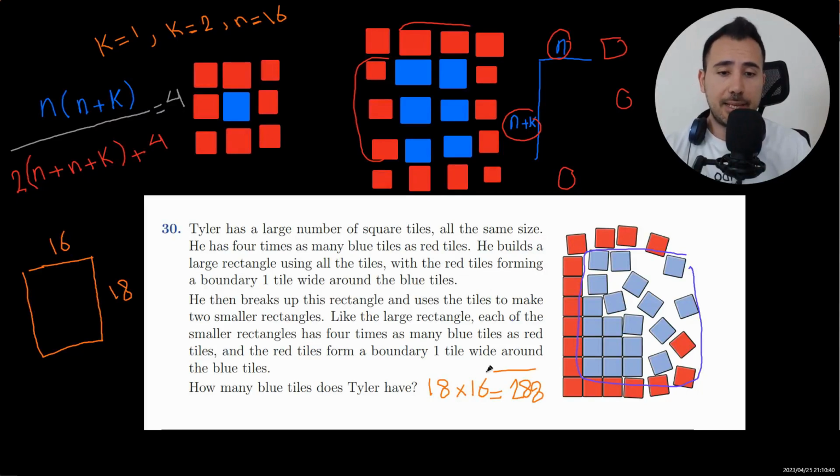If it wasn't a test, I would just go with this. We have 288 blues and 72 reds. It works, so I'm going to leave it at this place. If you have more information on question 30 or any of the other questions, please leave it in the comments and I'll see you in other videos.